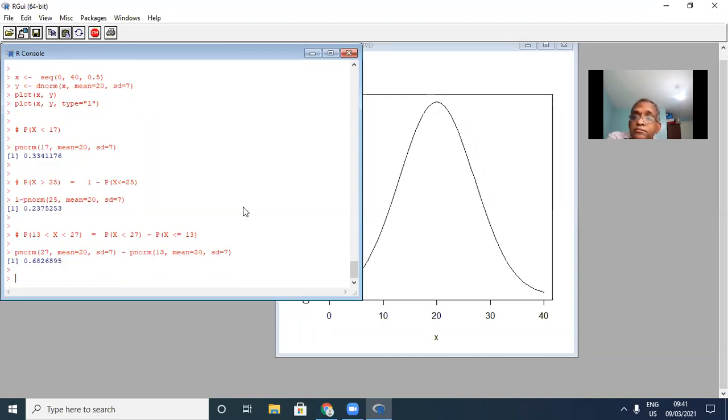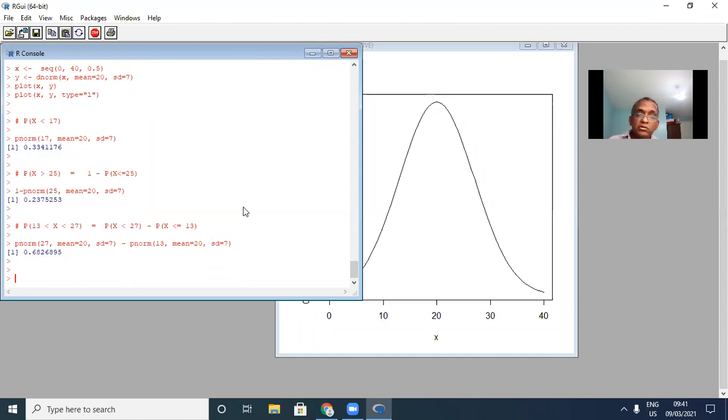All right, so that's easy. The second part of question 4 is to find the 5th, 10th, 90th, and 95th percentiles. Let me show you. To find the percentiles, you use the command qnorm. To find the 5th percentile, you say 0.05 with mean equal to 20 and standard deviation 7.